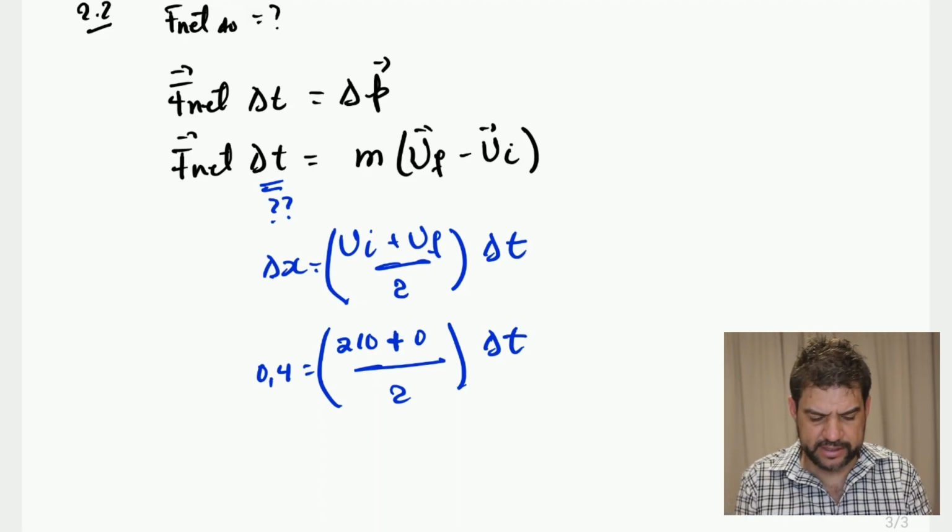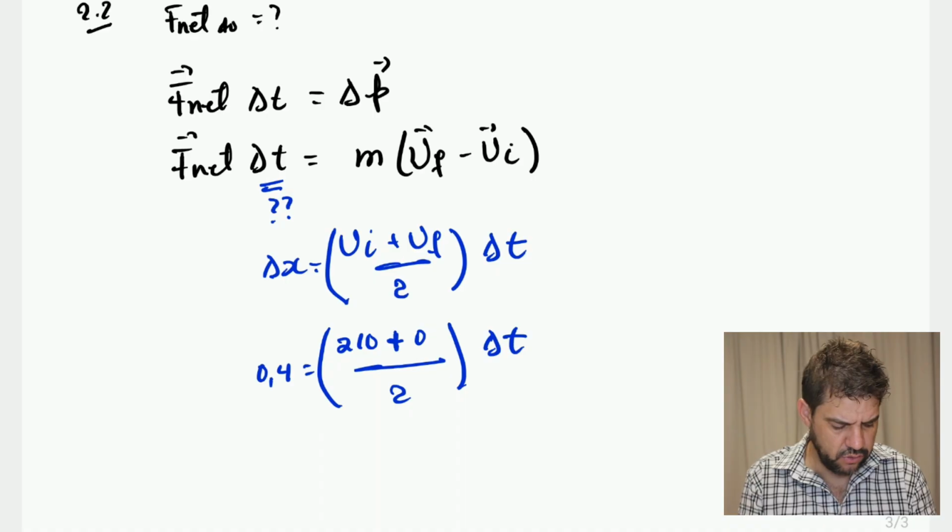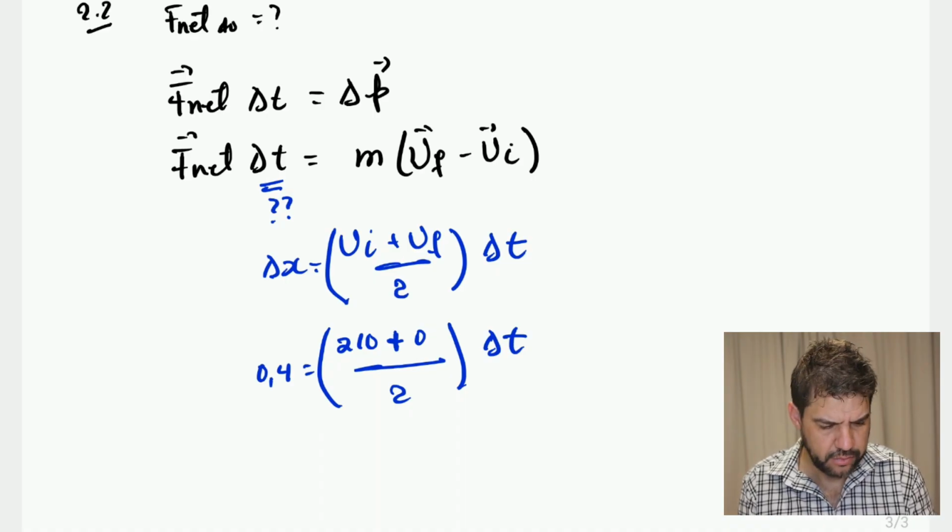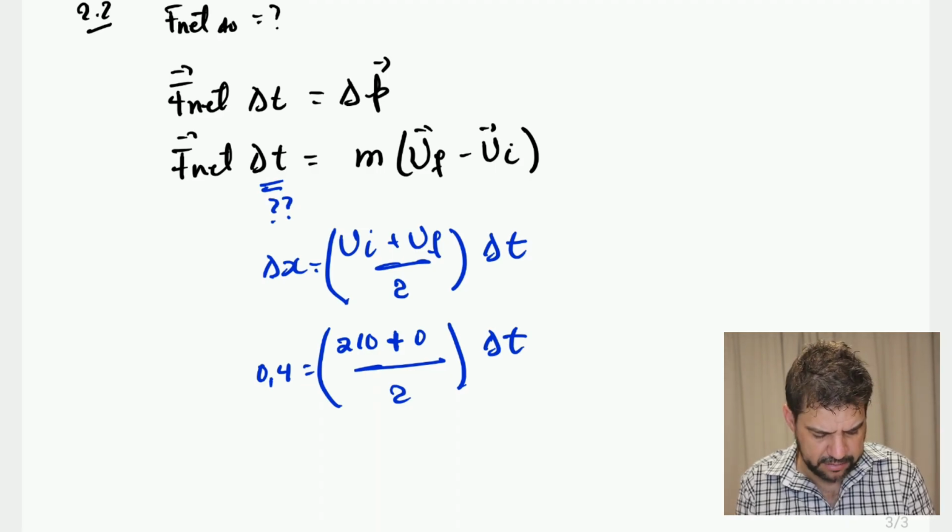Quite a simple calculation. You first say 210 divided by 2 is 105, and then it's 0.4 divided by 105.